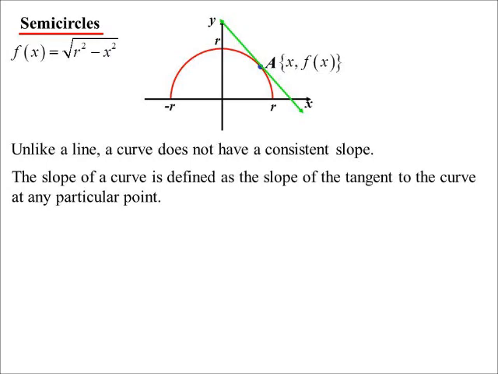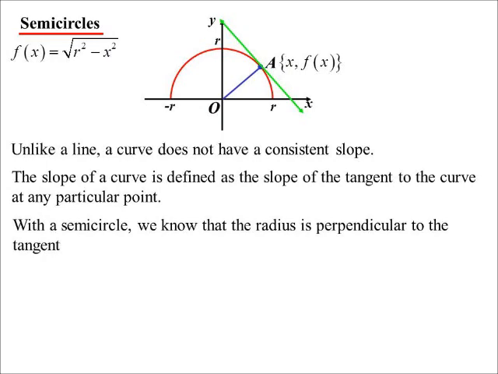So let's create it. Things we know. We know that the radius is perpendicular to the tangent. So we can find the slope of OA. It'll be the function value over the x value, y2 minus y1 over x2 minus x1. So that'll be the slope of OA, which means the slope of the tangent would be the negative reciprocal of that. So we now know the slope of the tangent.